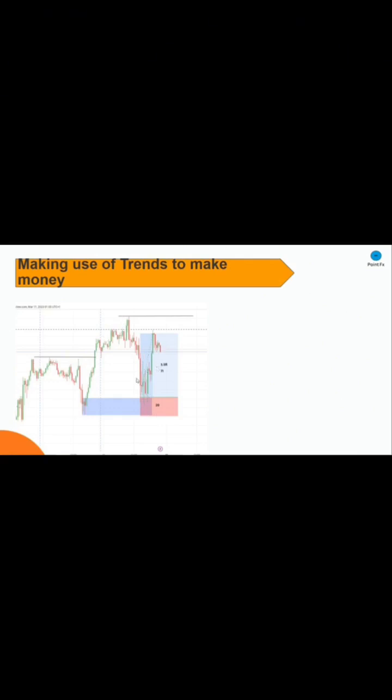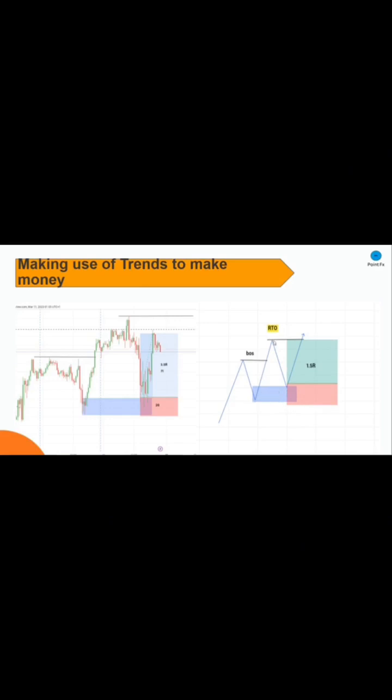This can only be done when you understand that the trend is the ultimate and you should always go with the trend. You can see this is the trading strategy we used to initiate this trade. You can see the market created a break of structure, which is the same as break of market structure. So immediately the market created this break of structure, we knew that the market would retrace to this particular zone. So this is a terminal demand zone or order block.